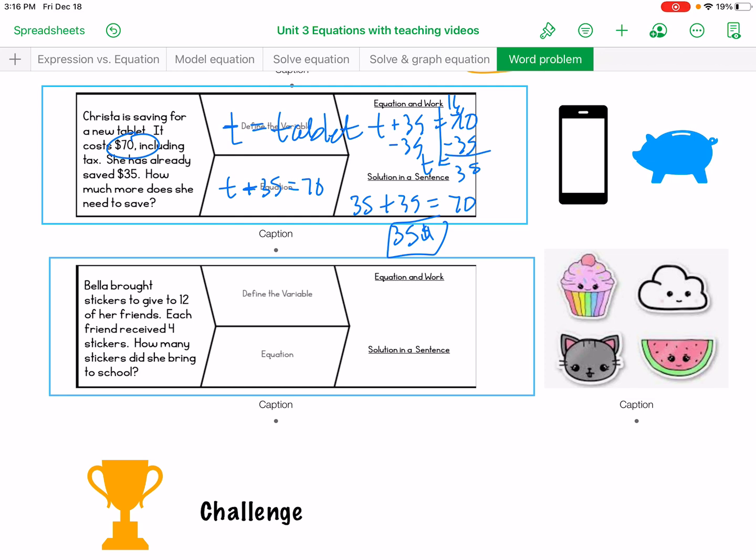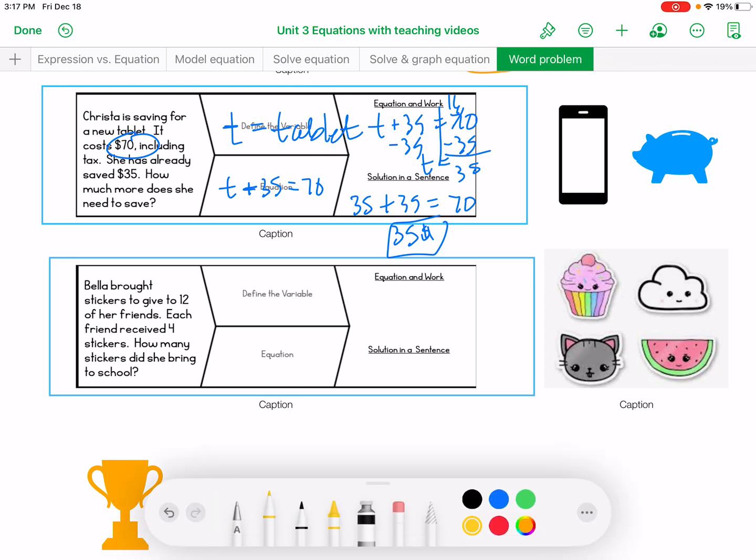Our final one. Bella brought stickers to give to 12 of her friends. Each friend received 4 stickers. How many stickers did she bring to school?